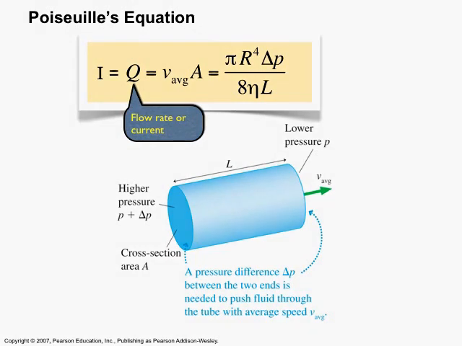From your textbook, there's another equation that relates resistance to current. This is actually the same equation, just rearranged in a different form. I, or Q, your flow rate or your current, again relates to cross-sectional area times the velocity of the fluid through the cross-sectional area. Related to a bunch of variables, the same variables as we just talked about, where that delta P is the pressure difference, the pump.